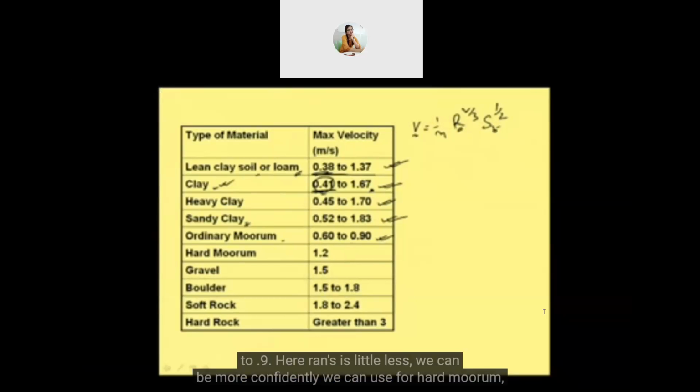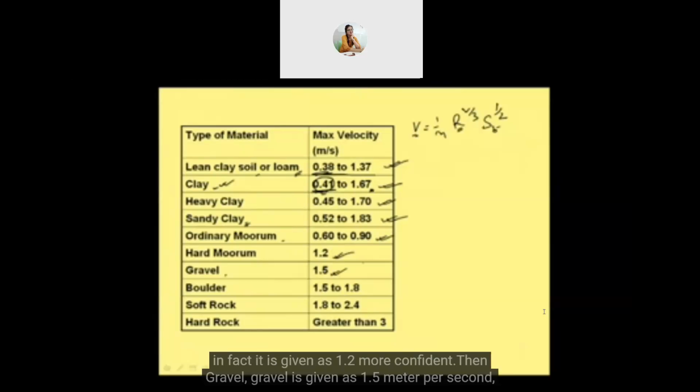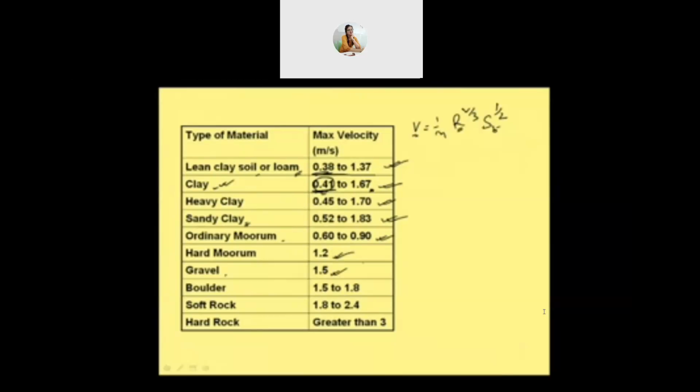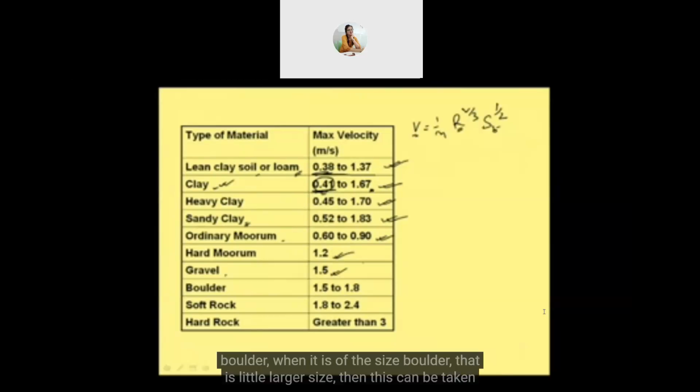For hard muram, in fact, it is given as 1.2, more confident. Then gravel is given as 1.5 meter per second. For boulder, that is a little larger size, this can be taken up to 1.8. Soft rock, 1.8 to 2.4 meter per second.